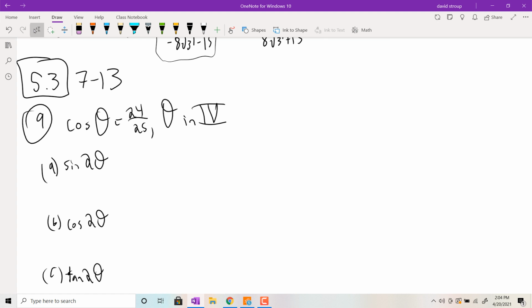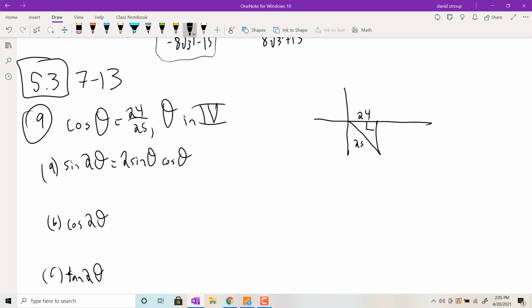Okay, so to figure out sine of 2 theta, you're going to have to go 2 sine theta, cosine theta, and we don't know what sine of theta is. So I need to draw, again, a little triangle type deal in the fourth quadrant. Cosine is adjacent over hypotenuse, and then use Pythagorean Theorem to get the third side.